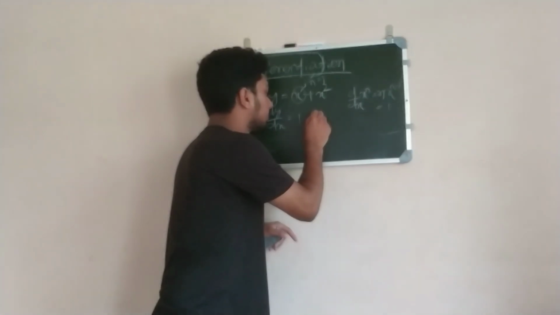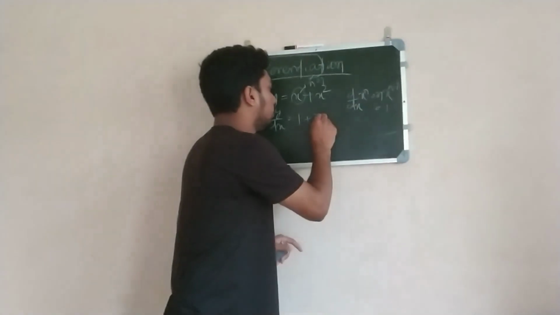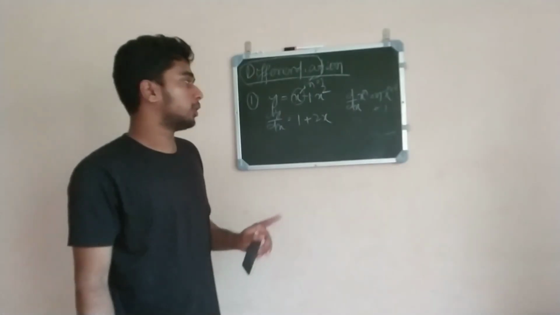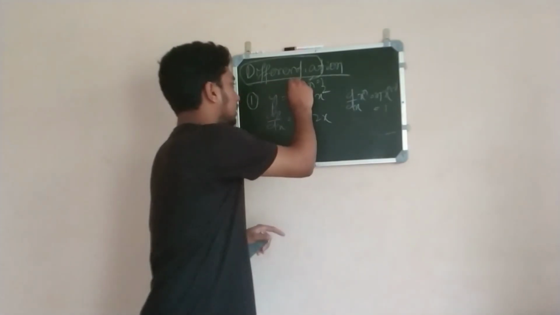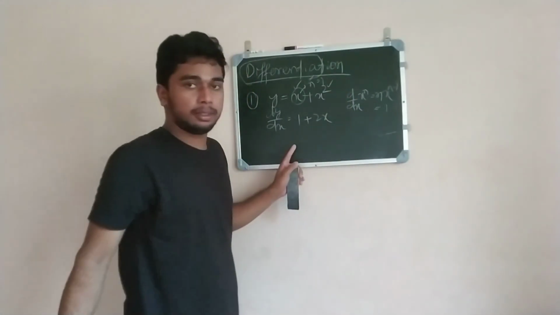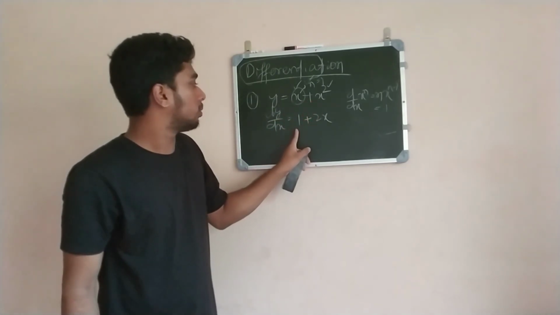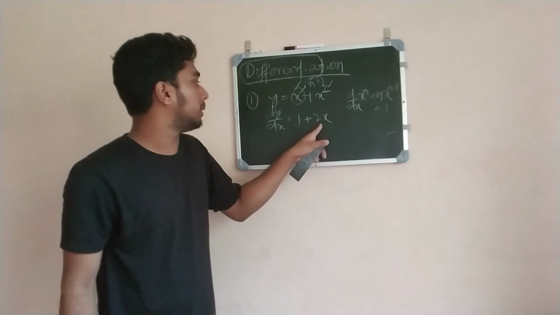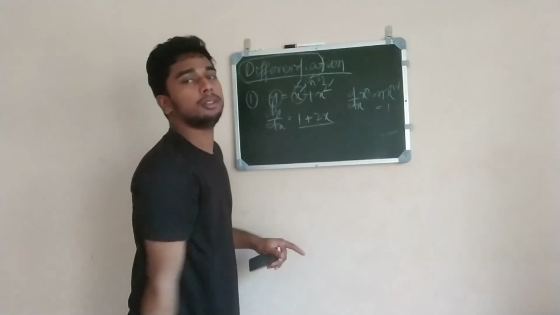Then what will be the derivative of this one? This will be 2x. So this is how we can find the derivative when x and x square are two different functions added by sum. So the derivative of y is 1 plus 2x.